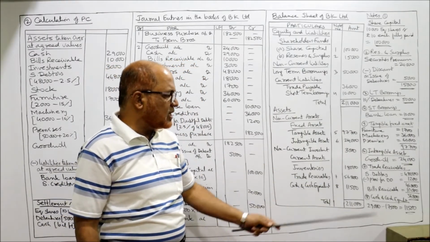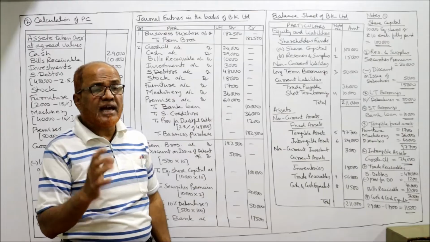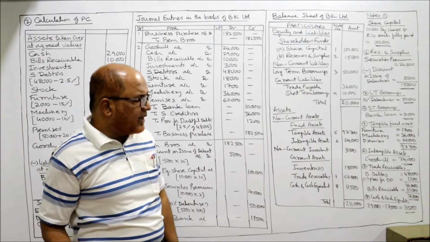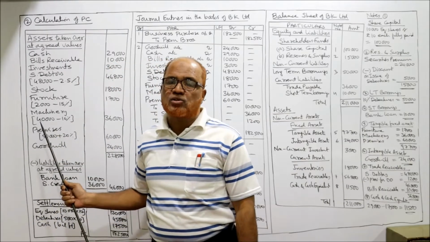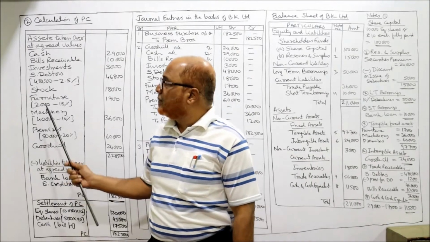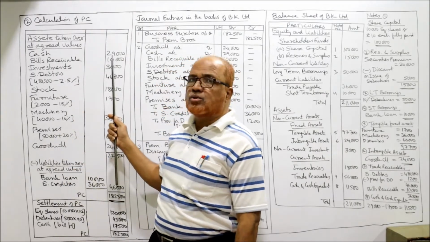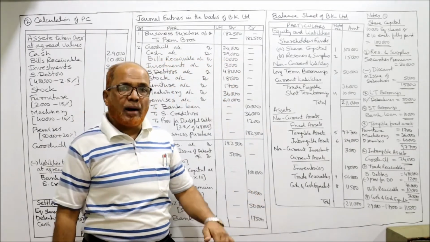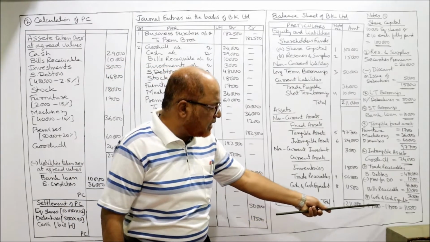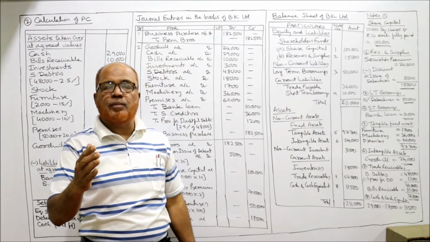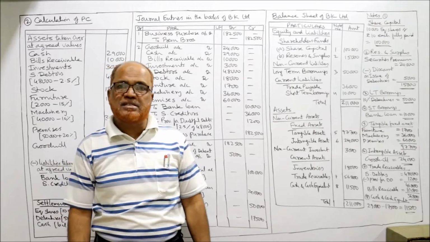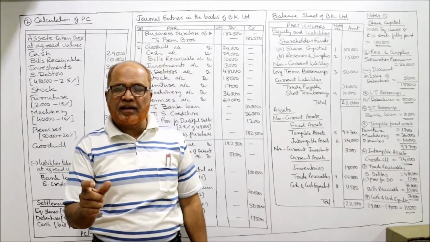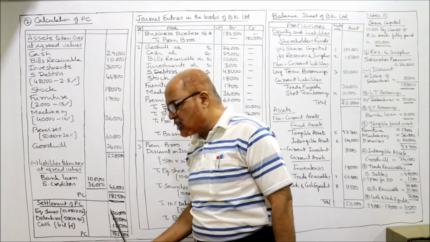And the last one, cash and cash equivalents. Already 29,000 rupees cash balance was coming from Prem Brothers. There was cash of 29,000 in Prem Brothers, that is taken over. Apart from that, 17,500 rupees cash was paid in purchase consideration.